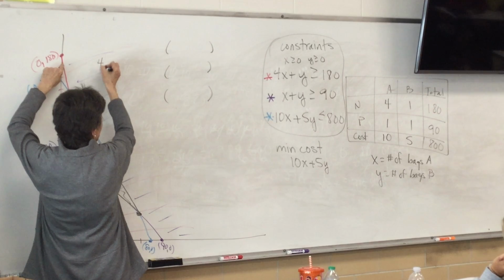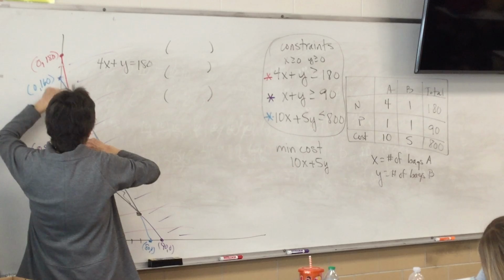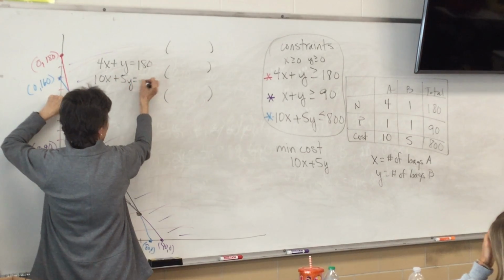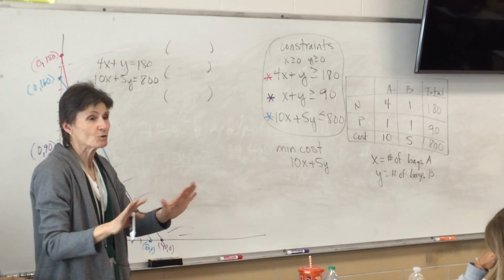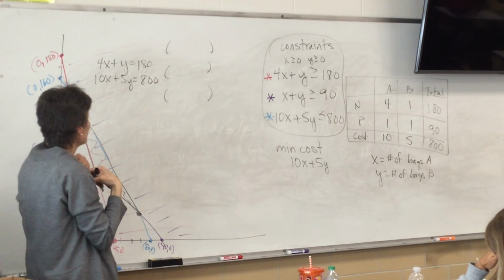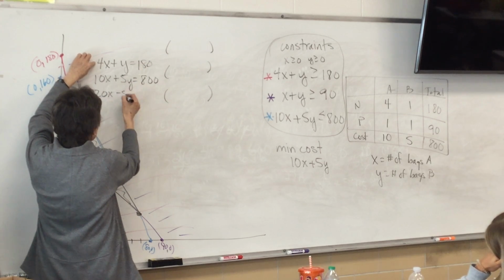The red equation is 4x plus y equals 180, and the blue equation is 10x plus 5y equals 800. You're going to solve that now however you want. No one cares, just get it solved. I like to eliminate, so I'm going to multiply the top one by -5.